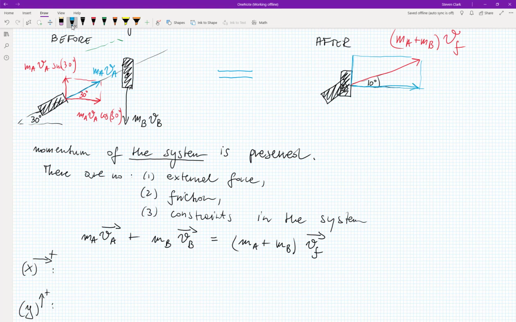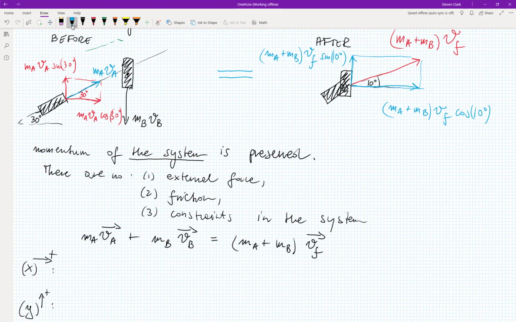So this one will be MA plus MB, V final cosine 10 degrees. And this one has no other choice. This one has to be sine 10 degrees: MA plus MB, V final sine 10 degrees.